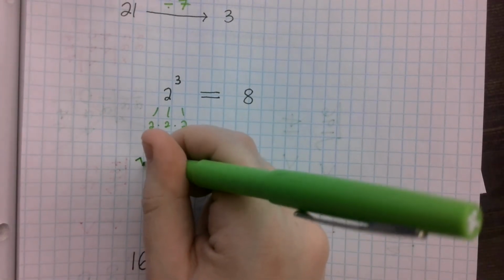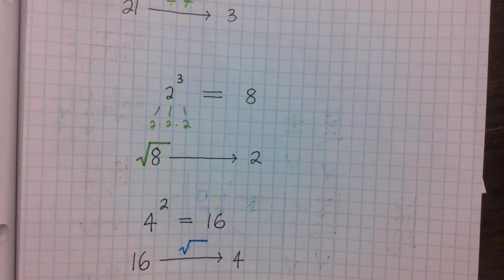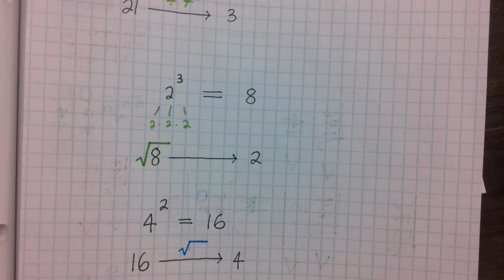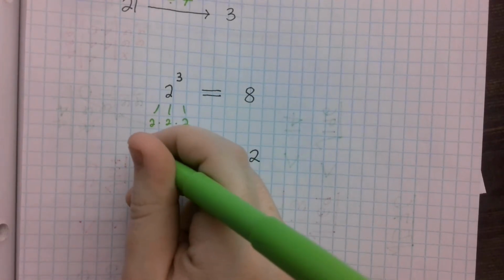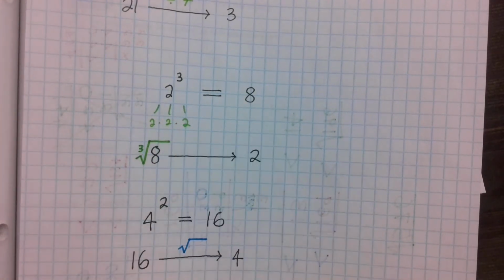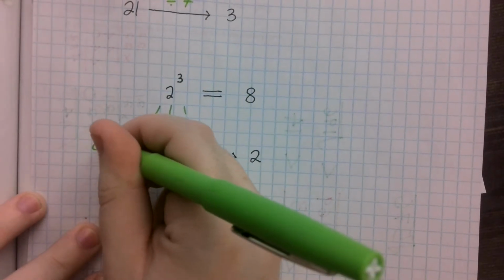So a square root symbol won't do anymore. The square root symbol means what number multiplied twice will equal the number inside. If we're looking to see what number times itself 3 times will equal 8, we add a little tiny 3 next to it. We call this the cube root.